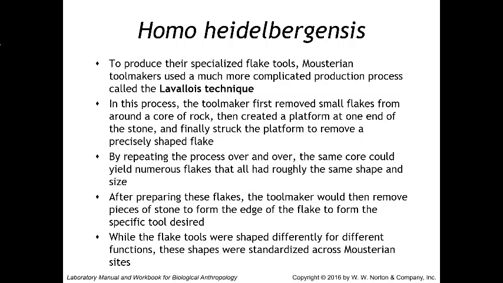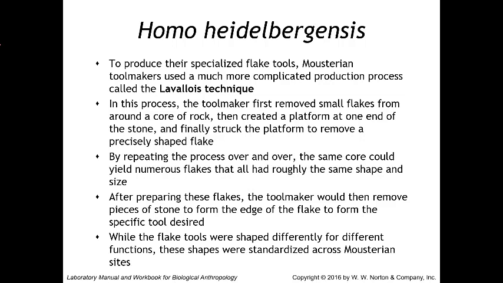So what we're seeing is that they were passing along the knowledge on how to create these Mousterian tools using this Levallois technique. They would use this technique every single time, spanning hundreds and thousands of miles as well as generations. This is information passed on from one generation to the next and one family to the next.